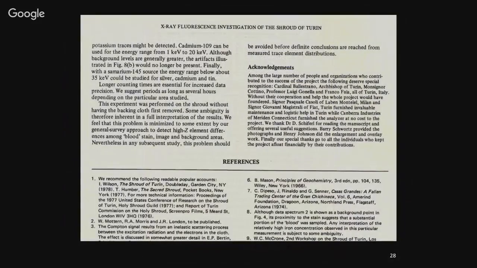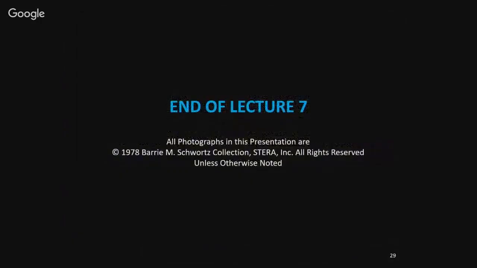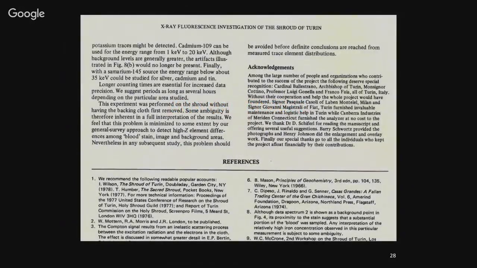And let's see, I'm not sure if I've highlighted anything there. Okay, so we have basically their references, and I think this last experiment was performed on the shroud without having the backing cloth removed. And this is important.